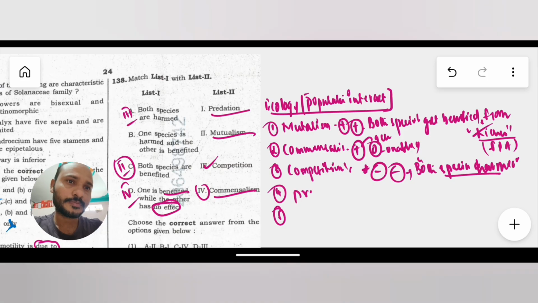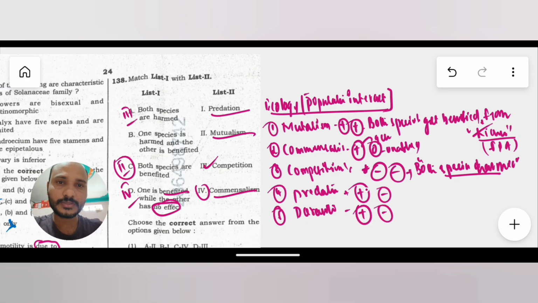Then we have predation, in which one species is benefited and another is harmed. Even in parasitism, one species is benefited and one is harmed. So one species is benefited and another harmed in both predation and parasitism.